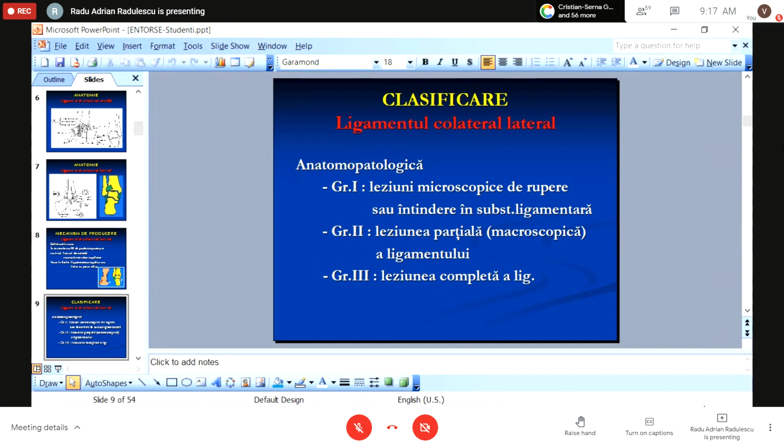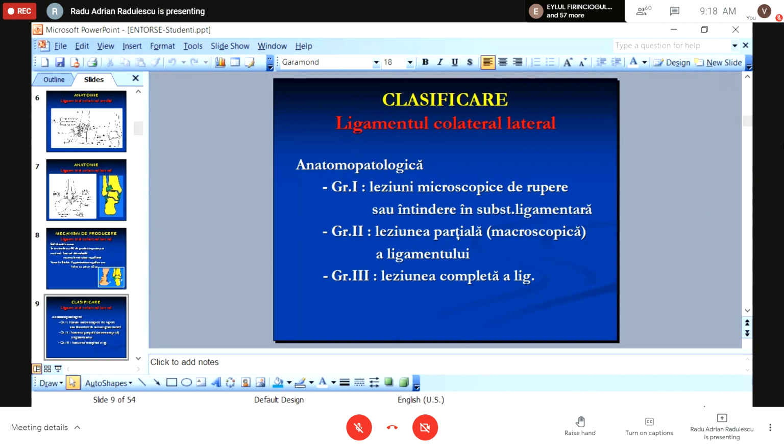Type 2 or group 2 is a partial macroscopical lesion of the ligament. So if we inspect the ligament surgically, for example, at that moment, we can see with our eye, without any magnification, a partial lesion of the ligament, a lesion of its structure.